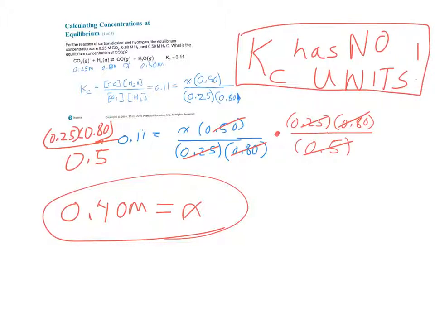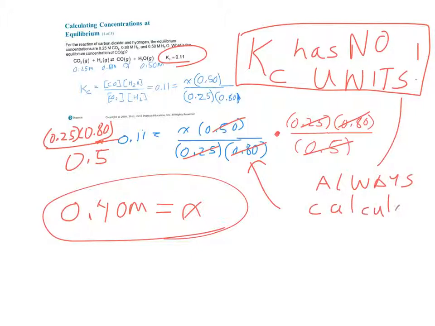Whenever you have an equilibrium constant, it's never 0. In this case, it's not 0.11 moles or molar or anything. It's just 0.11. It's just a number. No units are given. Now, it is always calculated with concentrations in molarity.